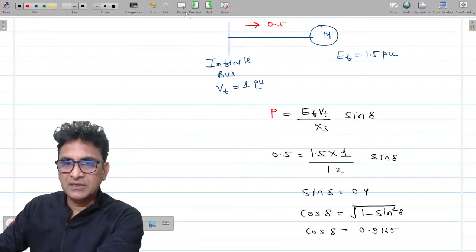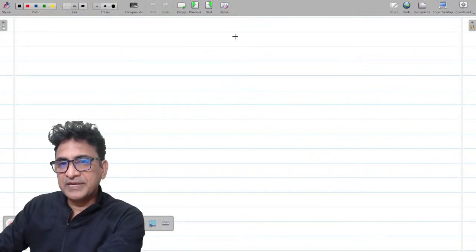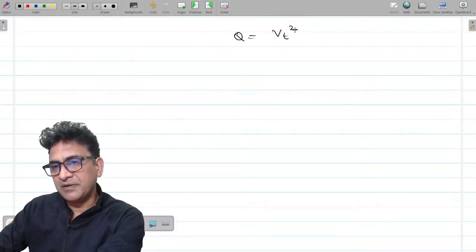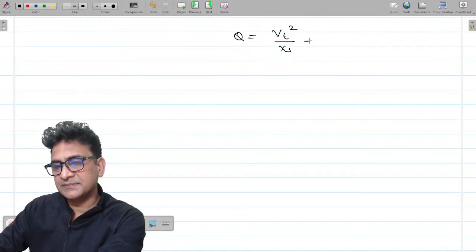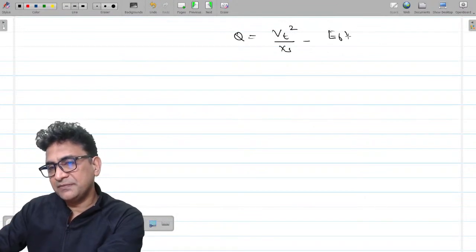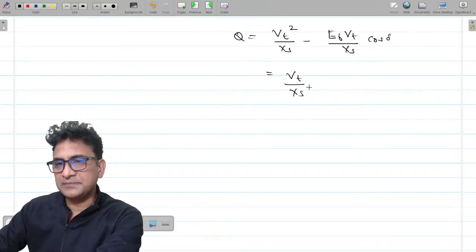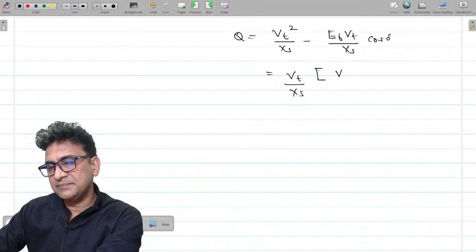Clear? Okay. Now what is the formula of reactive power in the case of a synchronous motor? In a synchronous motor, this is the formula of reactive power: Q equals Vt square upon XS minus EF Vt upon XS into cos delta. If you take Vt upon XS as a common term, this equation becomes Vt upon XS into (Vt minus EF cos delta).